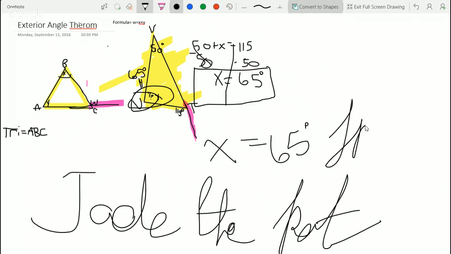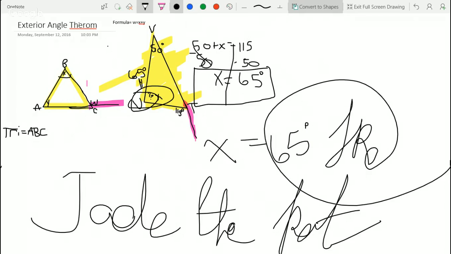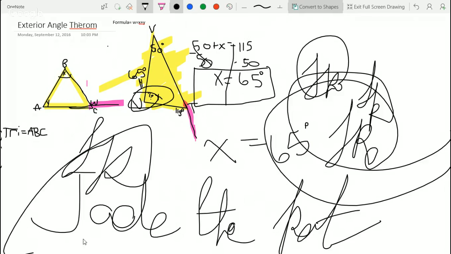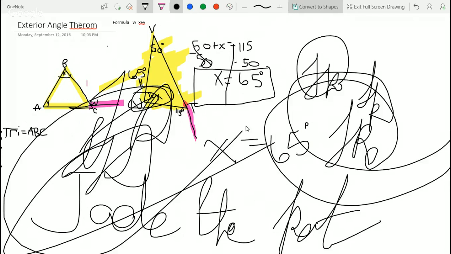I'm trying to figure out my signature. I never did well with K's. That's why this looks like an R. Hey, let's mess up this whole thing. Because we hate it.